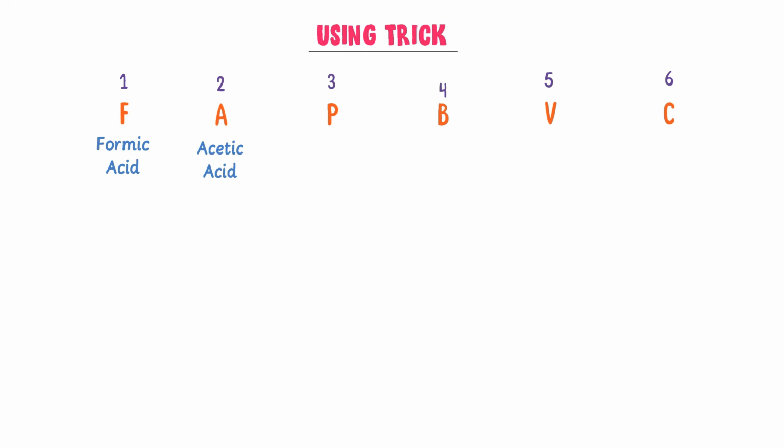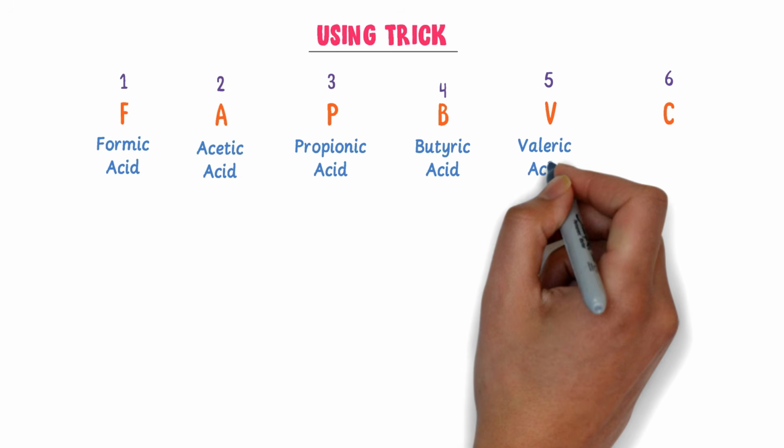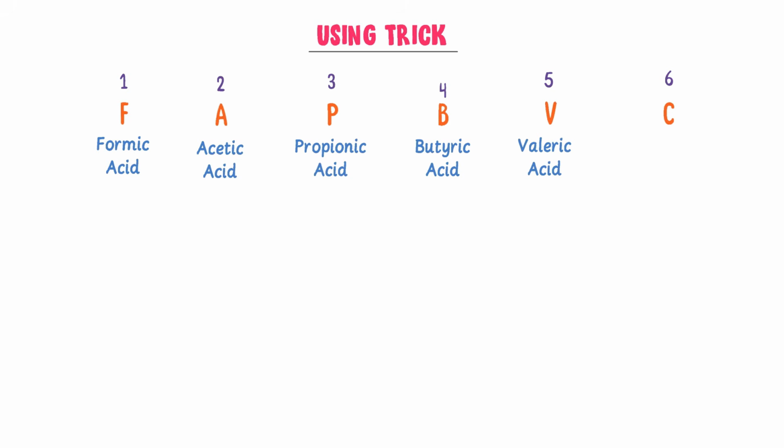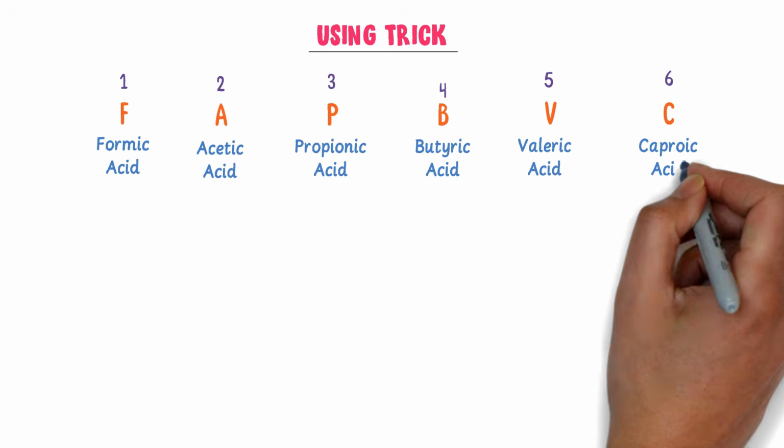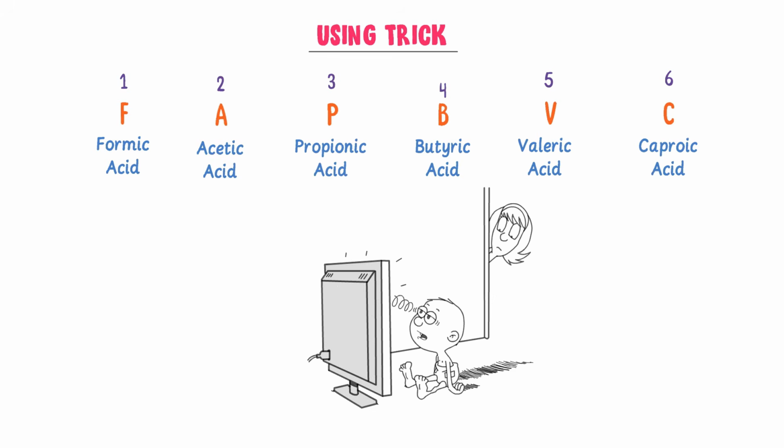If there are three carbons, it is propionic acid. If there are four carbons, it is butyric acid. If there are five carbons, it is valeric acid. And if there are six carbons, it is caproic acid. Thus this is the easiest trick to remember the common names of carboxylic acids. Hence note down this important trick.